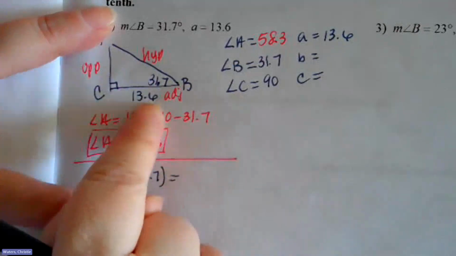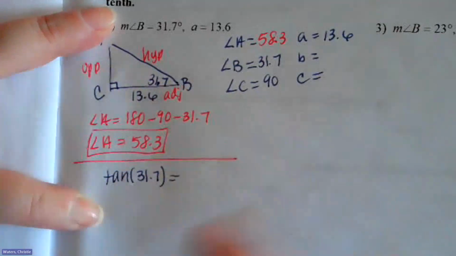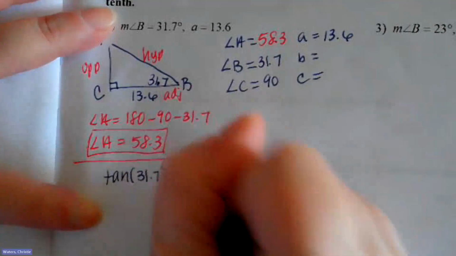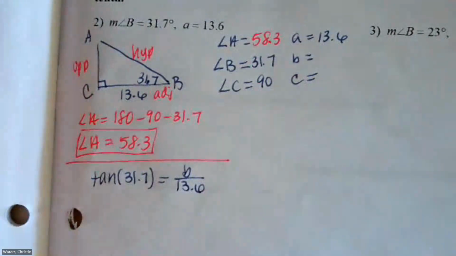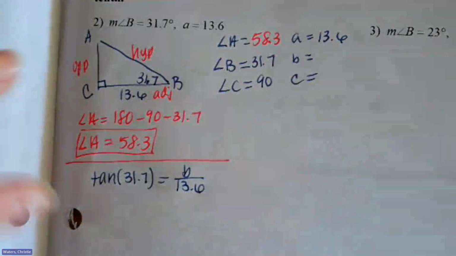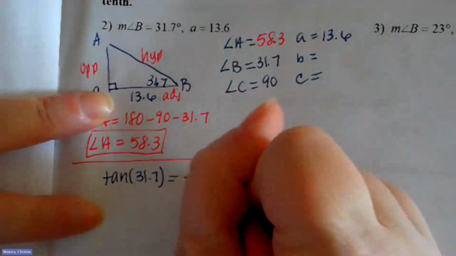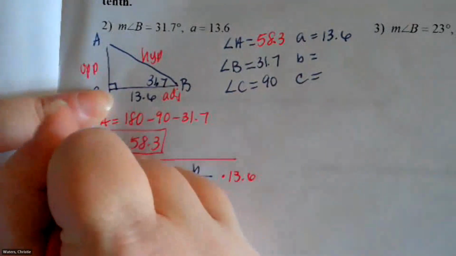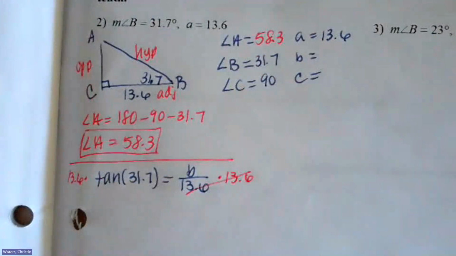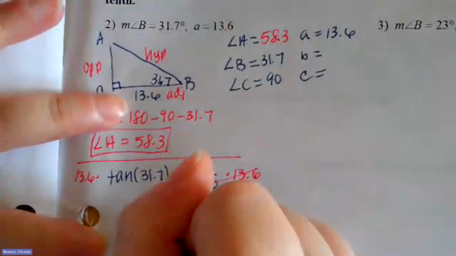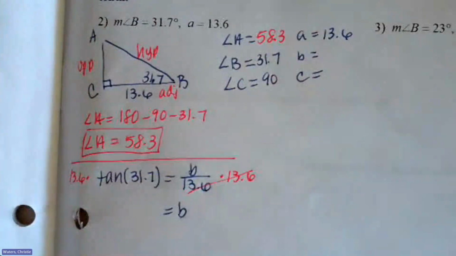equals opposite over adjacent. So I'm going to label this b over 13.6. To solve it, I'm going to multiply both sides by 13.6. That cancels that fraction out. So b is by itself now, which is the goal.